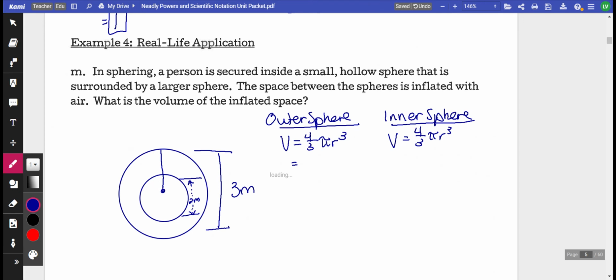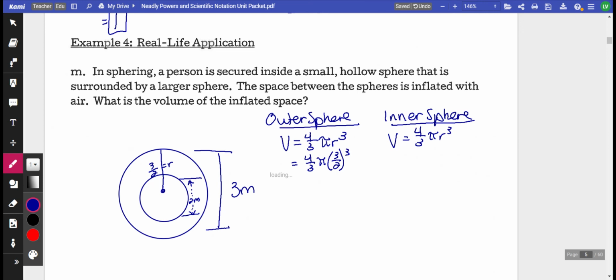The outer sphere is 3 divided by 2 for the radius. So 4/3 times pi times 3/2 cubed.